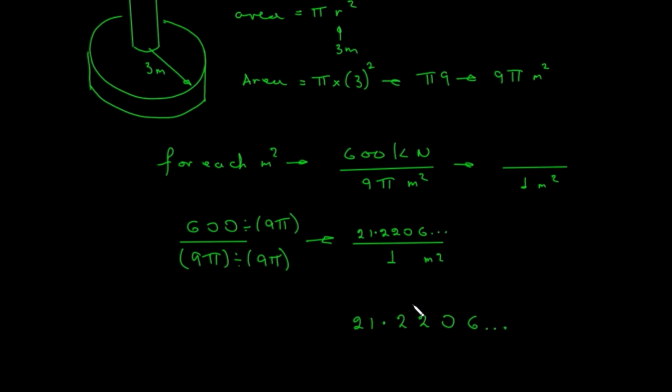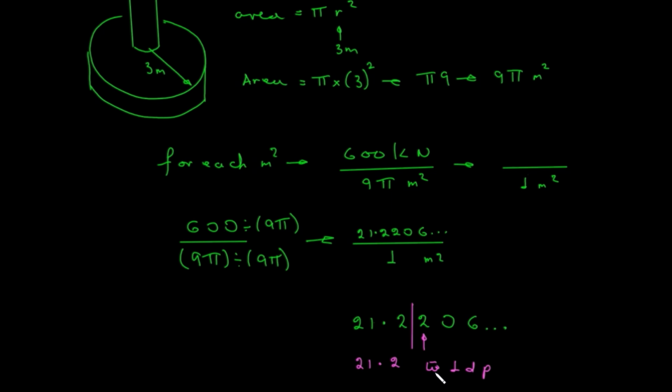That's your cut-off point. The number immediately to the right is less than 5, so we don't round up. So it becomes 21.2 to 1 decimal place. I can't stress that enough. It's telling everyone you've rounded it. It's not an exact value.